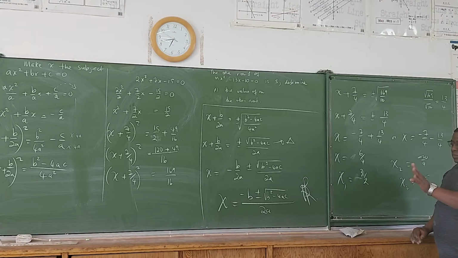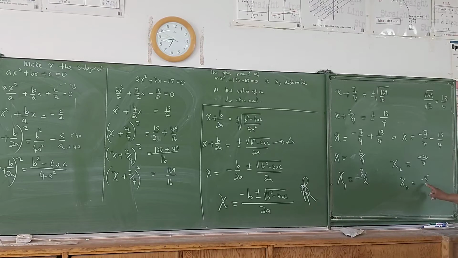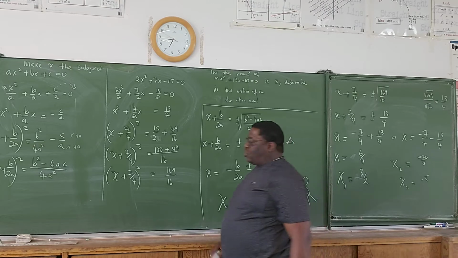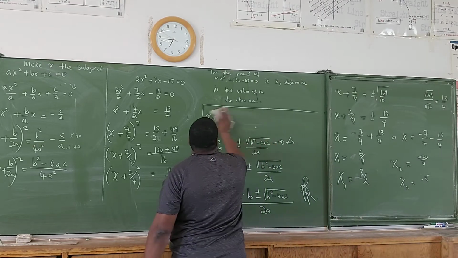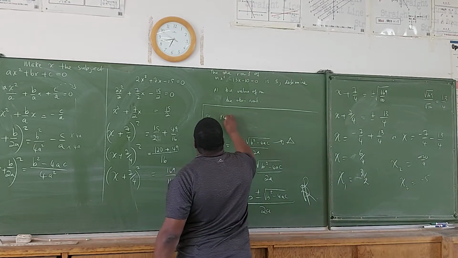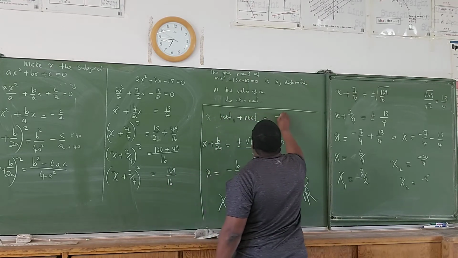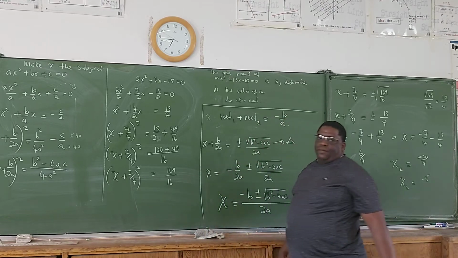Do you see that? Now, what I want to bring here, and I want you to look at the answers here. If you take the roots, which are the answers, and you add them, if you take the roots of a quadratic equation and you add them, root 1 plus root 2 should equal minus b over a.